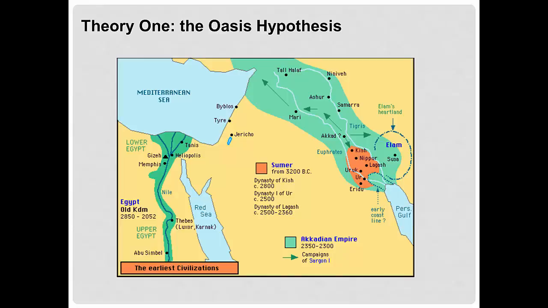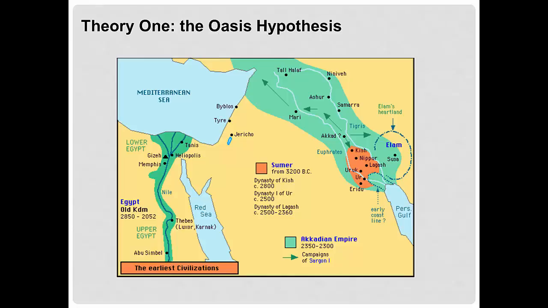As all of these species crowded into a small space, the only solution to competition for scarce food would be for humans to domesticate plants and animals. And this map of early civilizations in the Near East, which you've seen before, would seem to support that cause and effect hypothesis.